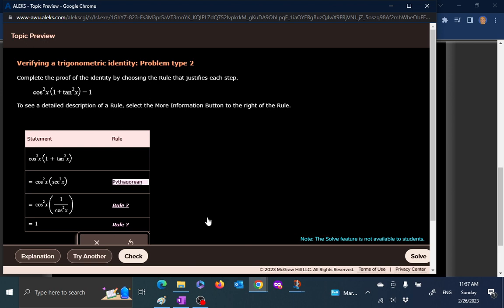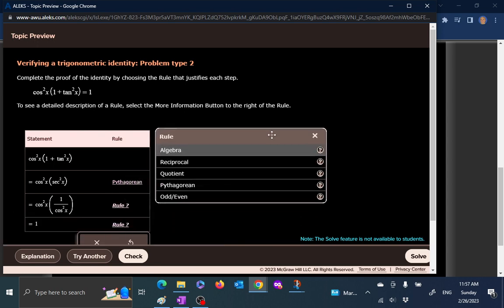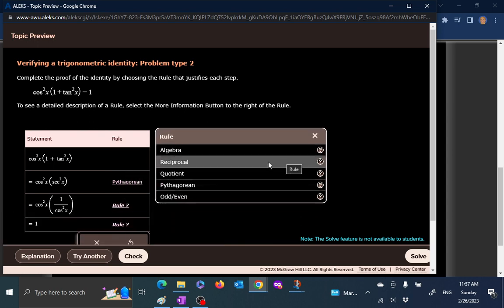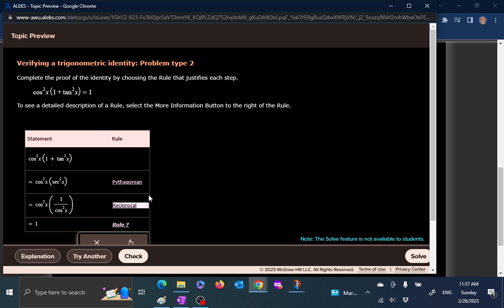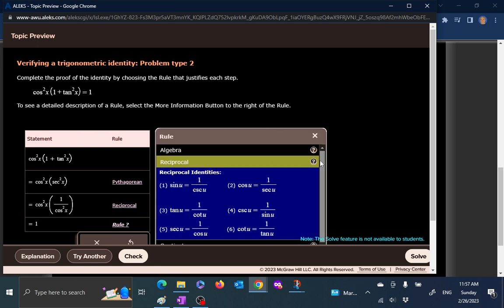How about here? Instead of secant squared, we are writing 1 over cosine squared. What is that? That's of course reciprocal. Secant is 1 over cosine.